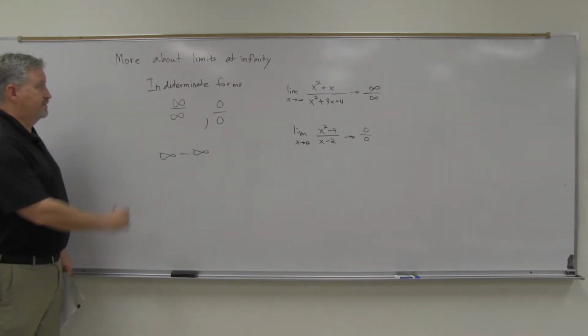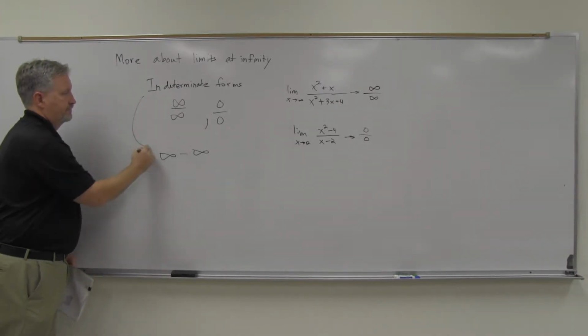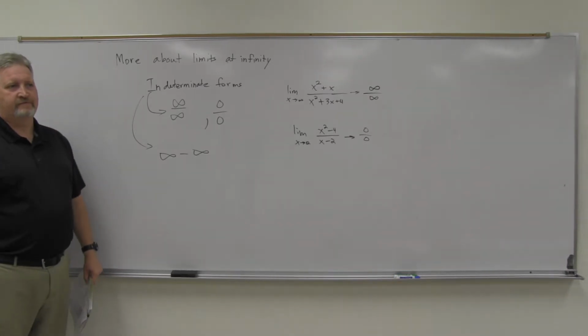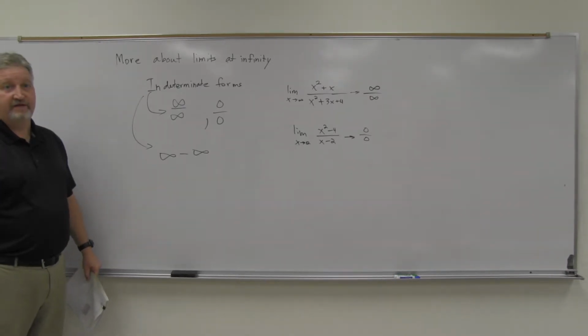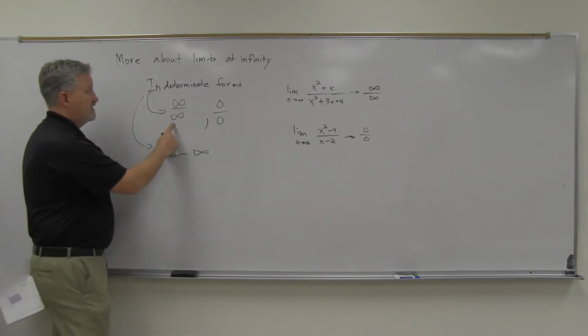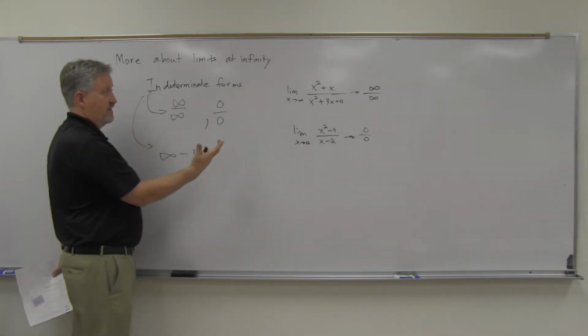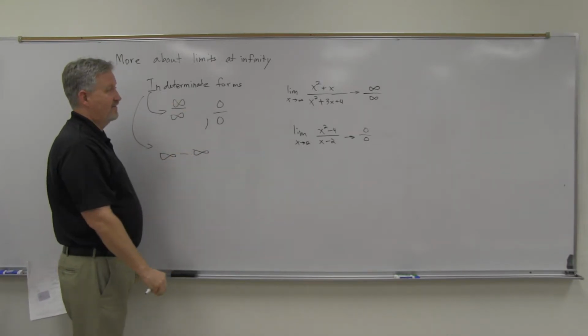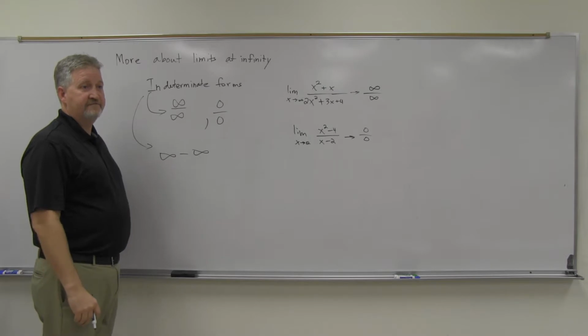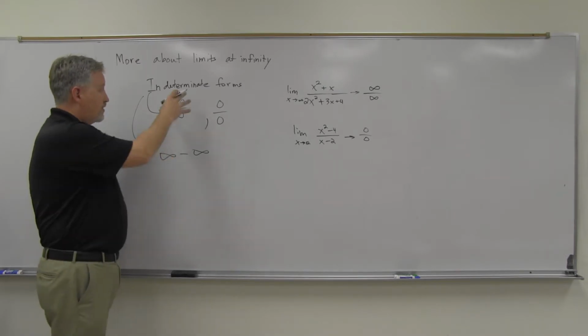That's also indeterminate. Or you might be saying, isn't that 0? Could be. It could be 0, but it might not be either. Just like this, infinity divided by infinity is not 1. I mean, in some cases it is, but if I put a 2 there, that's going to be 1/2. So you don't know what that's going to be.